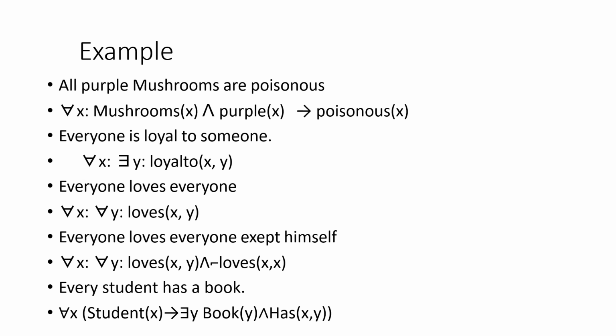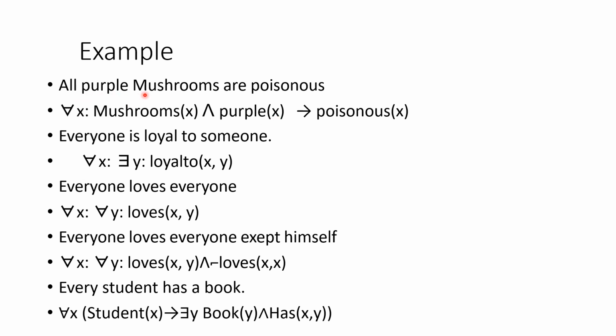Then we will see more examples. Here you can see all purple mushrooms are poisonous. For representing all, we have the universal quantifier: for all x, mushroom of x and purple of x.